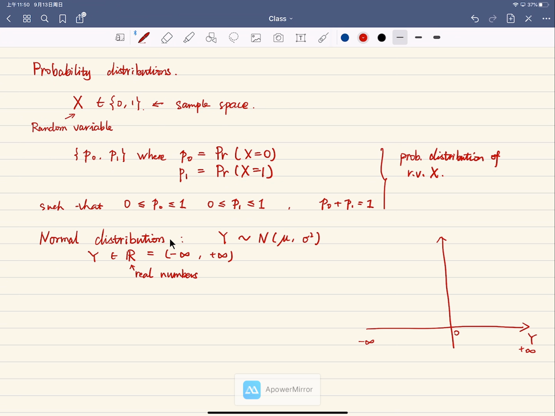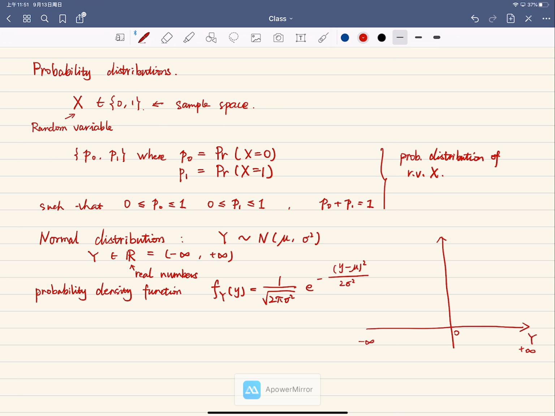So the probability density function, the PDF, of y equal to... This is the probability density function of normal distribution.